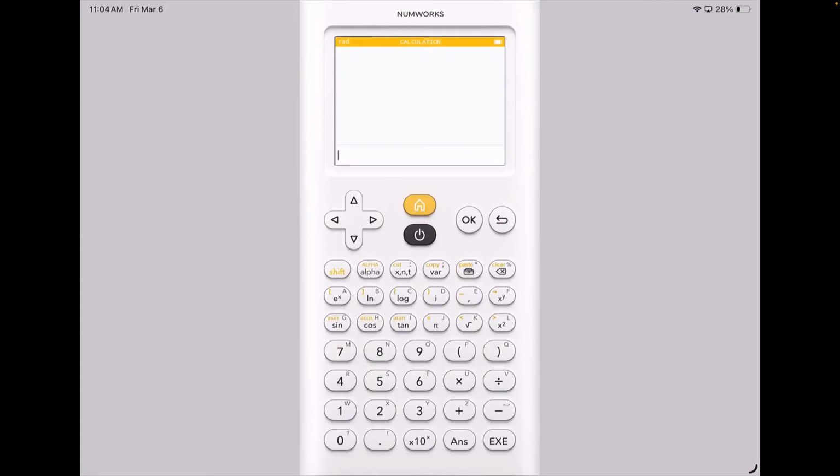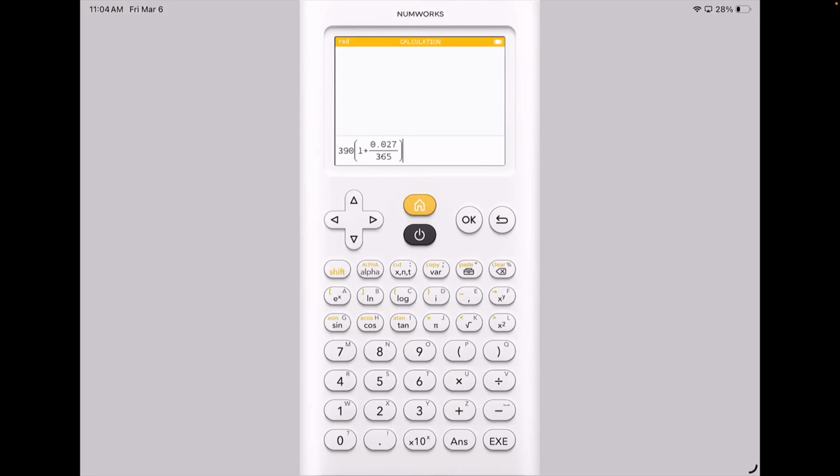So we started out with 390. So I'm going to put 390, parentheses, 1 plus. Then we had R divided by N. R was 0.027 divided by 365.